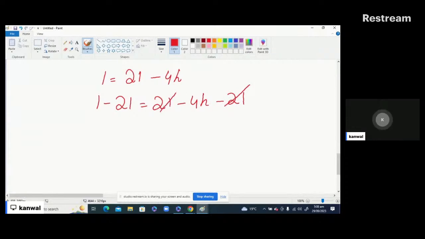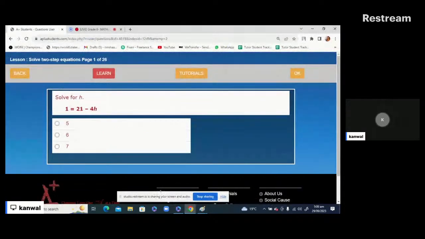Okay, this one cancel. 1 minus 21 is minus 20. Here is minus 4h. This minus sign is also cancel out. Then 4 is multiplied with this h, divided by 4. 4 cancel. 4 times 5 is 20. So h is equals to 5. Hope you guys clear.